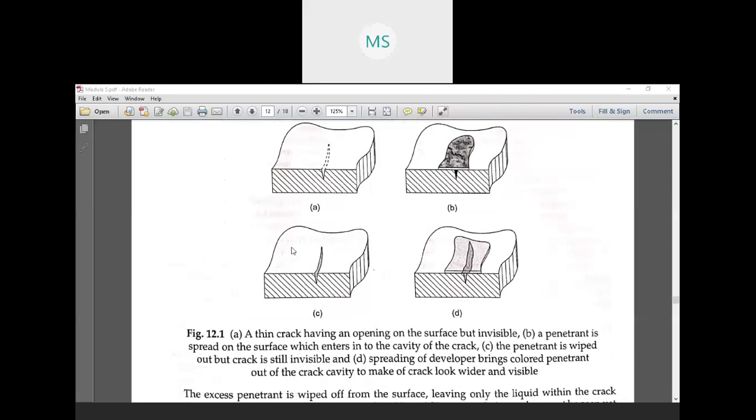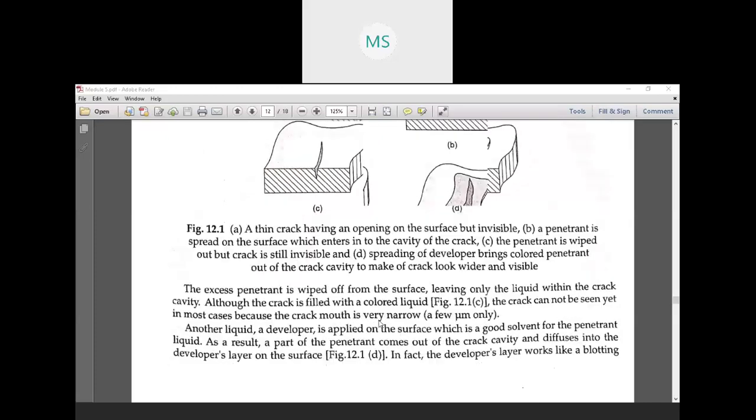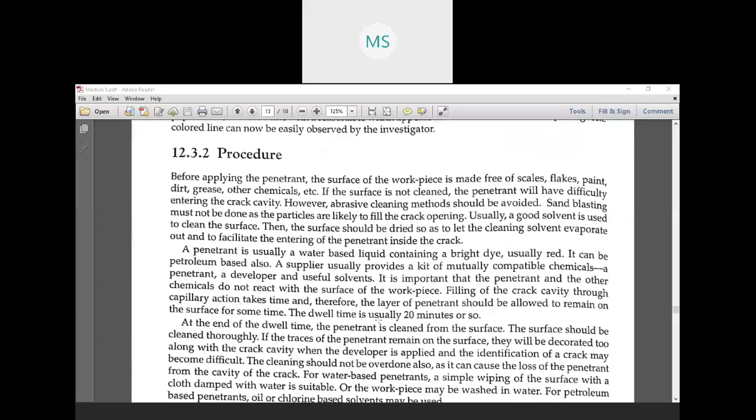Then, in the third stage, we wipe out the penetrant, but the crack is still not clearly visible, such as how it is branching or spreading. So to make it clear, in the fourth stage we add the developer, or the color, on that penetrant to bring out the crack cavity and make it visible. So this is the liquid penetrant method.